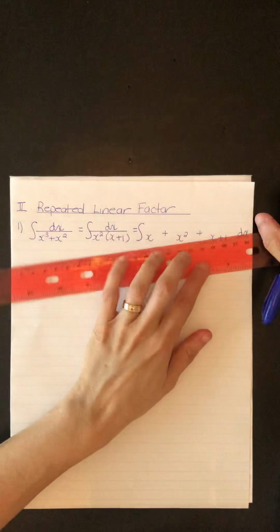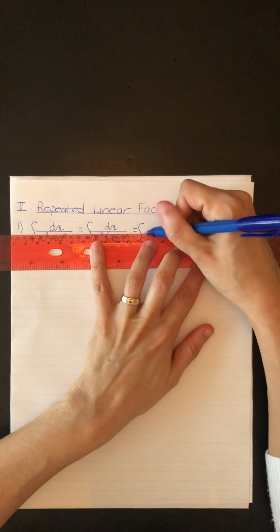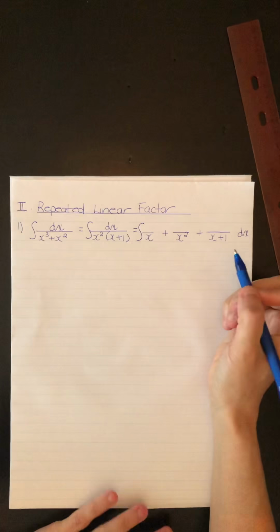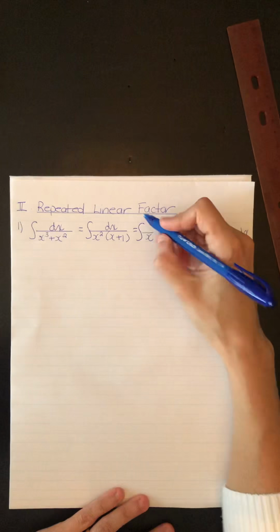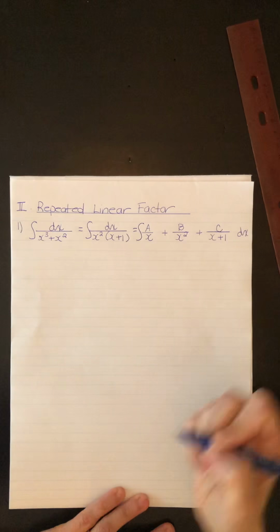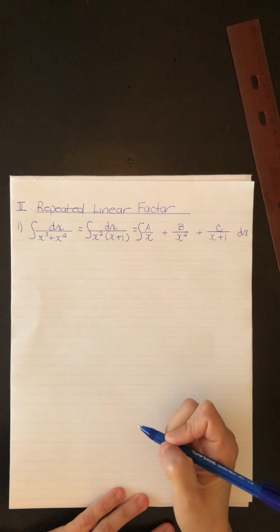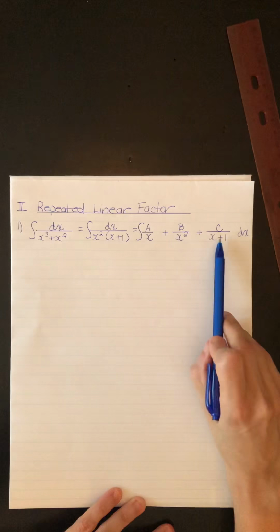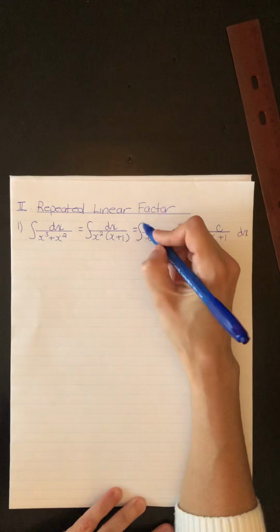Okay, like that. So those are our 3 fractions. In the numerator of each will be a single letter, so A, B, C, like that. So instead of trying to integrate this, we will integrate each of these terms.